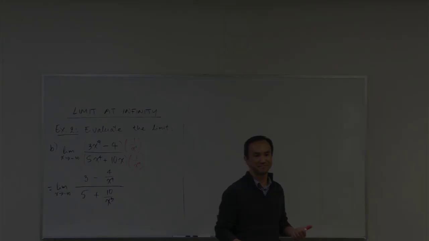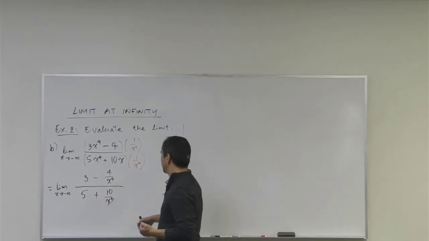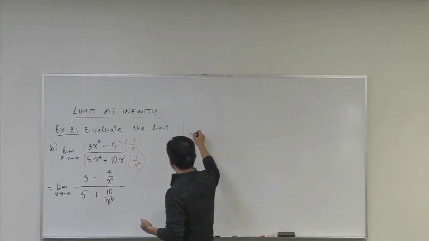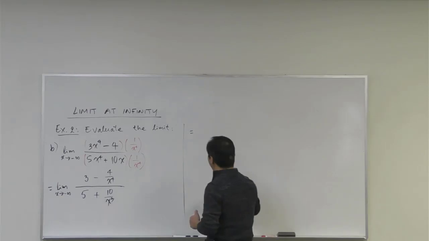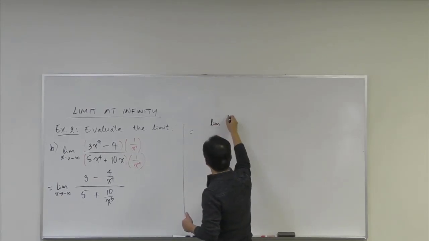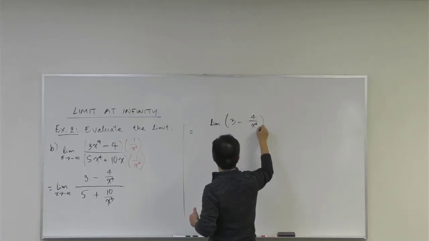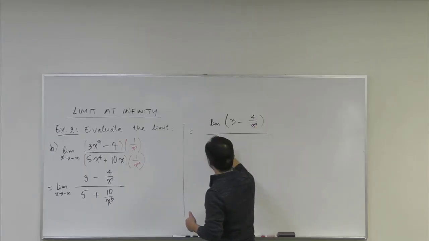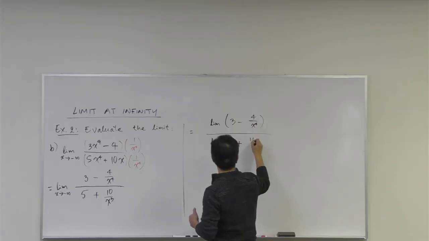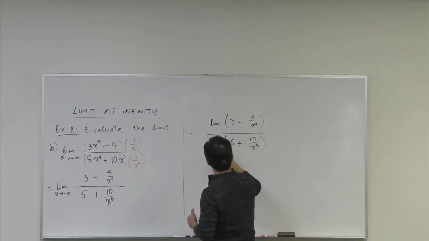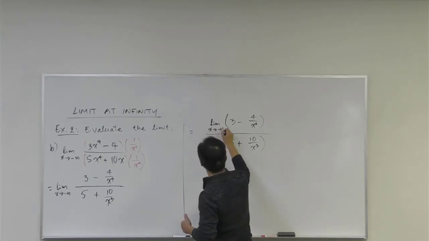That means using the basic limit laws, which now apply, we can do one separate limit for the 3 minus 4 over x to the fourth, and we're dividing that by the limit for 5 plus 10 over x cubed. These two limits both approach negative infinity.